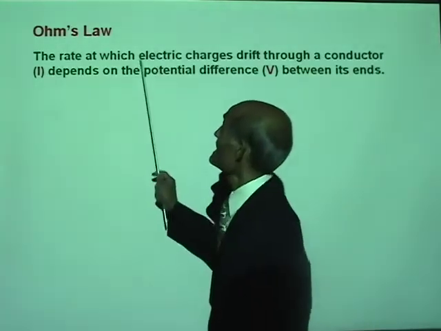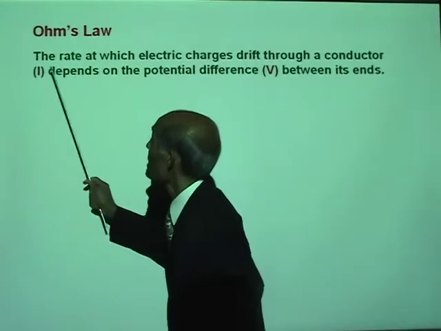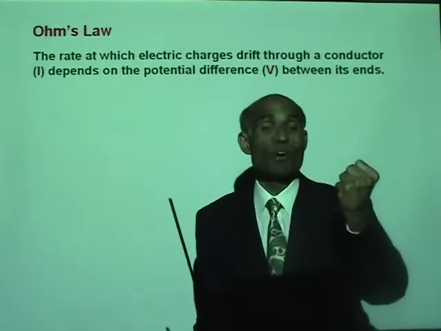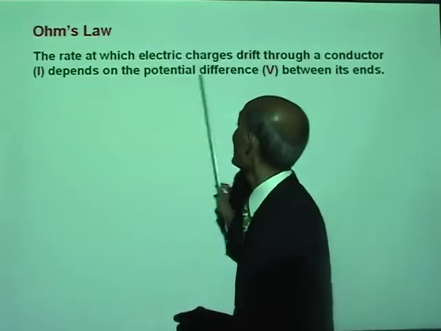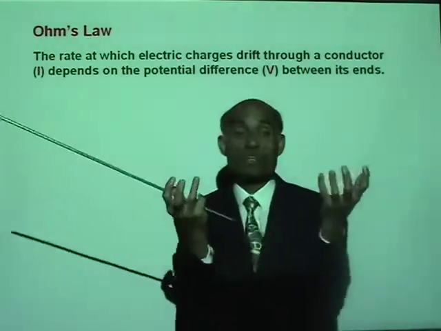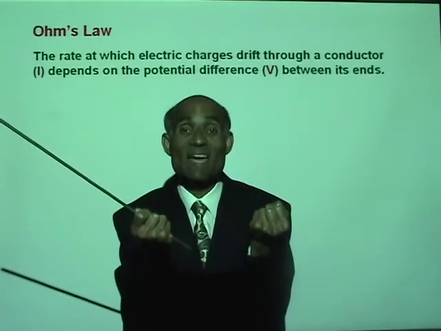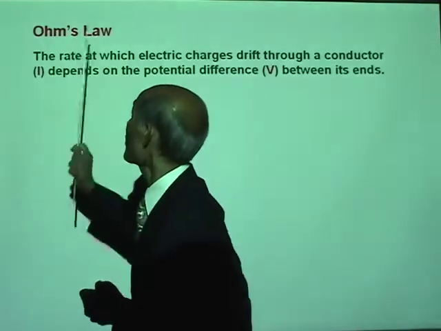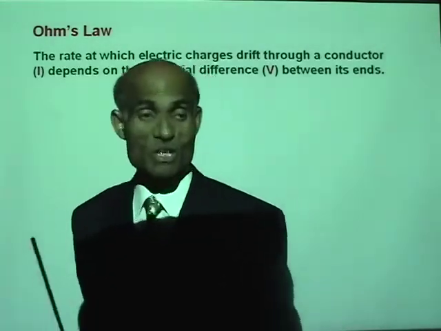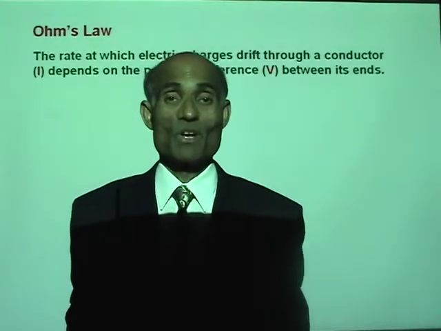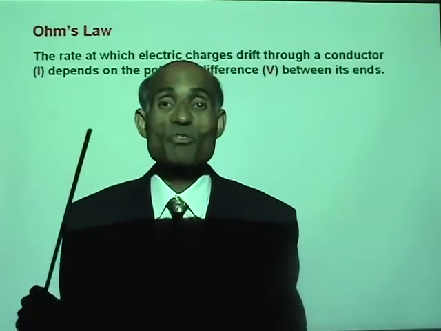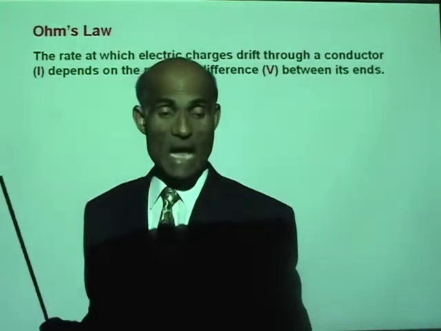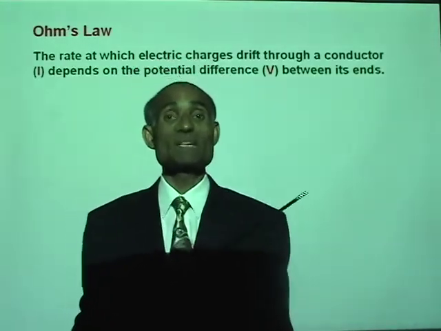In fact, a statement of the relation between the rate of flow of charges or the current in a conductor related to the potential difference between its ends is what we call Ohm's law. So what does Ohm's law give you? Ohm's law gives you a relation between current flowing in a conductor and the potential difference between its ends.